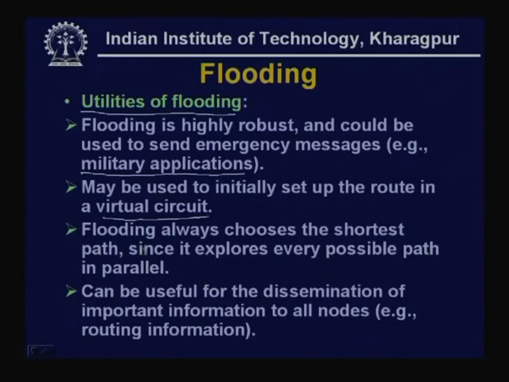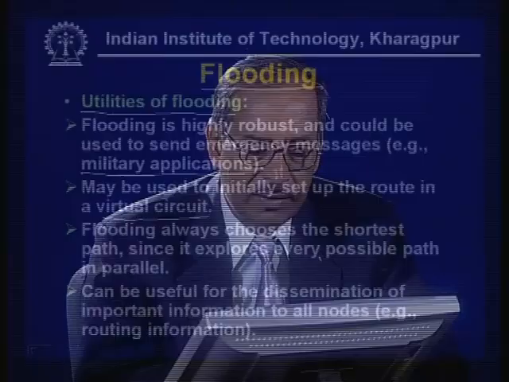And as I already mentioned, flooding always chooses the shortest path since it explores every possible path in parallel. So, this is another important advantage, and that is why it is useful. It can be useful for dissemination of important information to all nodes. There are some situations where you have to broadcast a particular message. Now, all the fixed routing algorithms that you have seen are essentially from a source to a destination; they are not for multicasting or broadcasting, but flooding can be used for broadcasting.